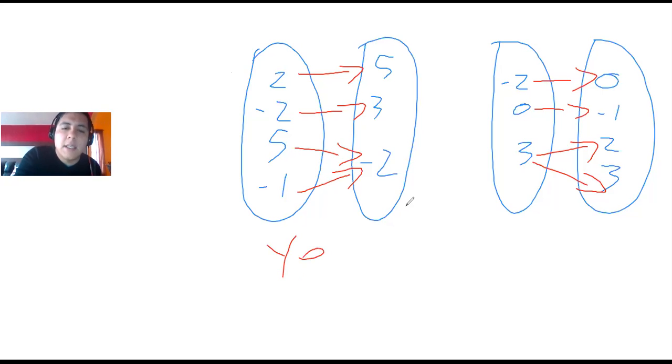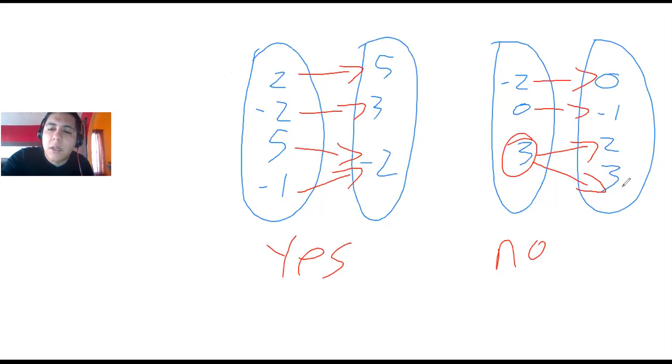So we would say that yes, this is a function. But that's different from the second one where we have number 3, the x value going to two different y values. So that means that 3 and 2 and 3 and 3 would be put together. That means that the number 3 is going to repeat. Therefore, we do not have a function right there.